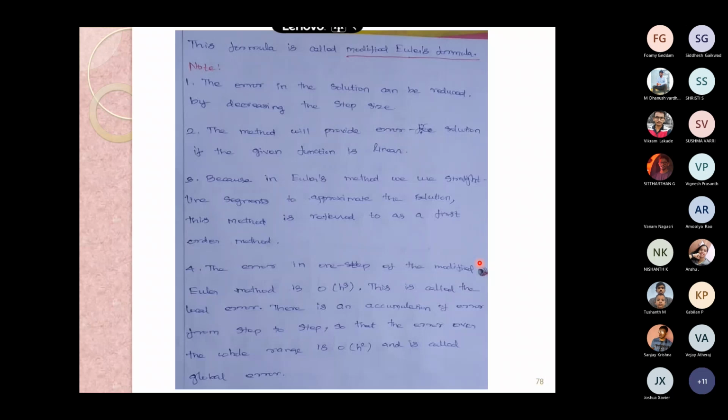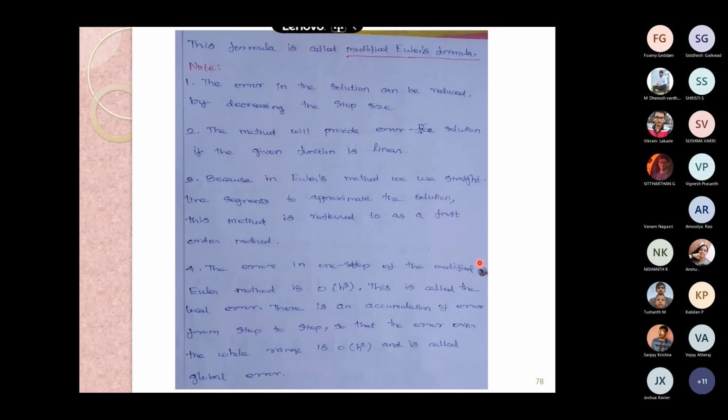Along with this, we need to consider some important points. The error in the solution can be reduced by decreasing the step size. When we decrease the step size, the error is also reduced; it is directly proportional. The method will provide an error-free solution if the given function is linear, because in the Euler method we use a straight line segment to approximate the solution.